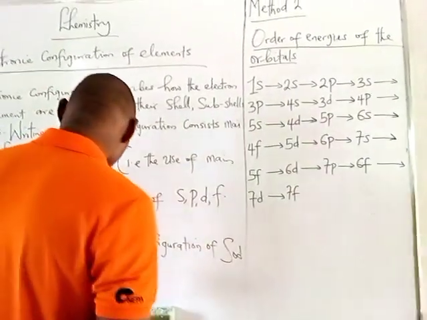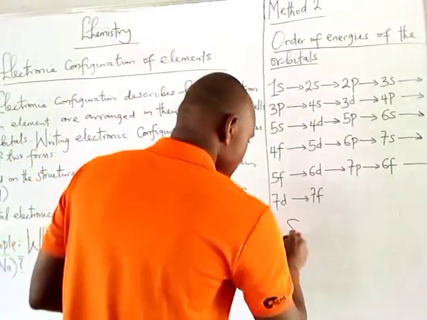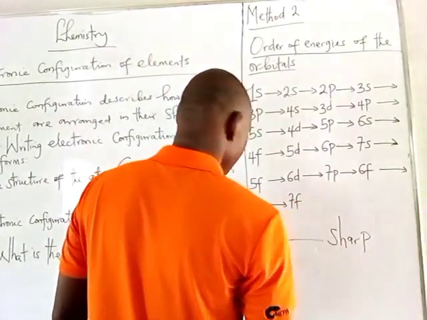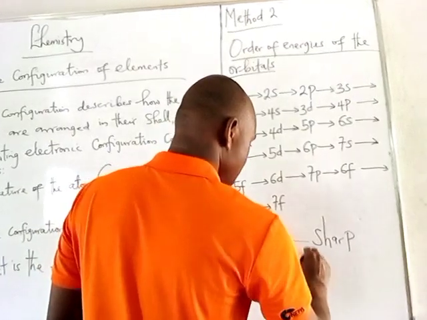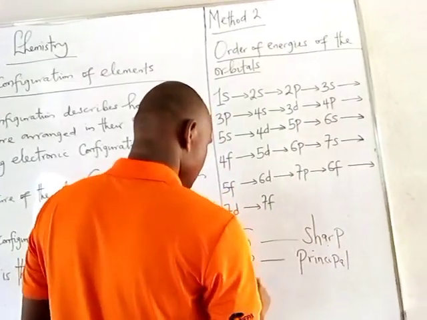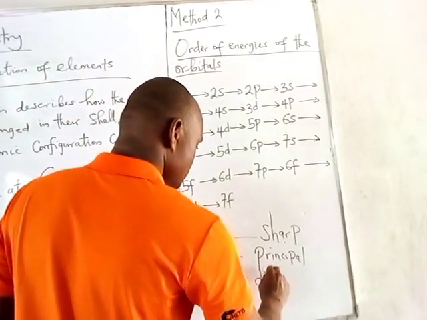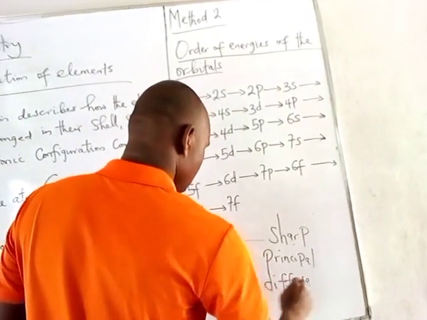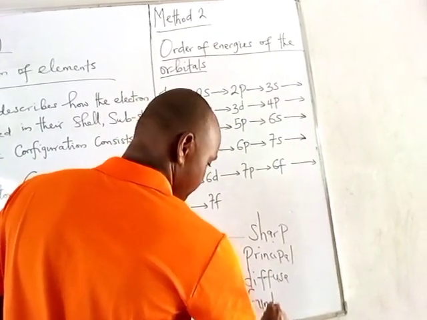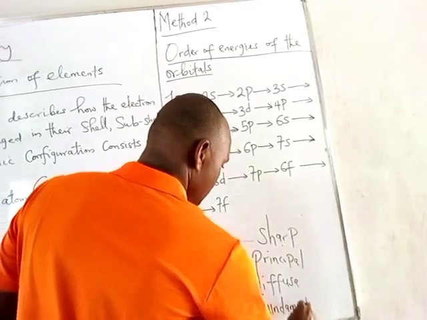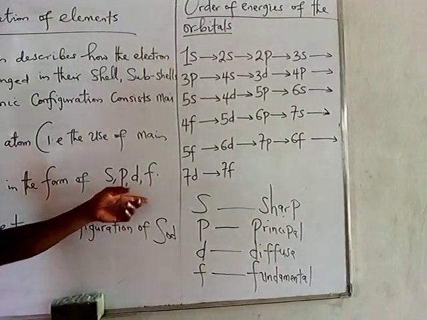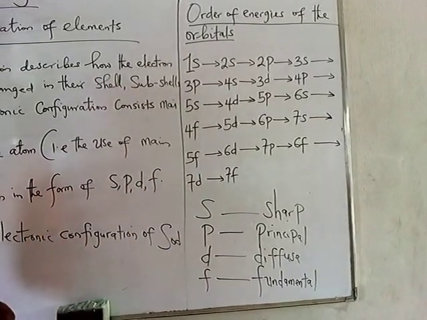Simply put, S stands for sharp, P stands for principal, D stands for diffuse, and F stands for fundamental. For the chemistry students, when you come across these alphabets, SPDF, these are the meanings.